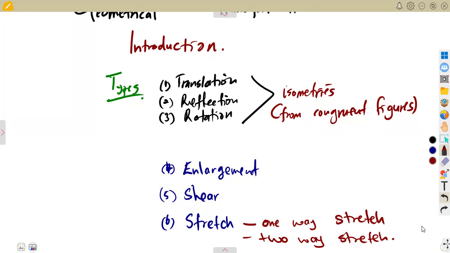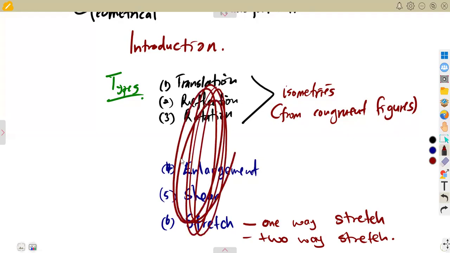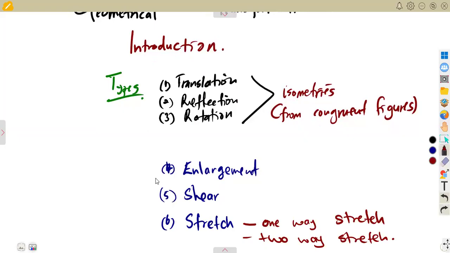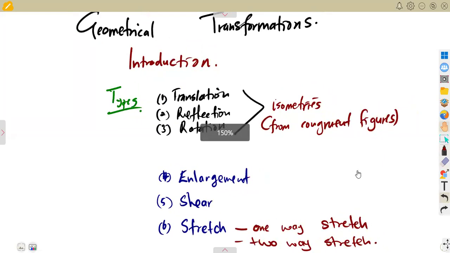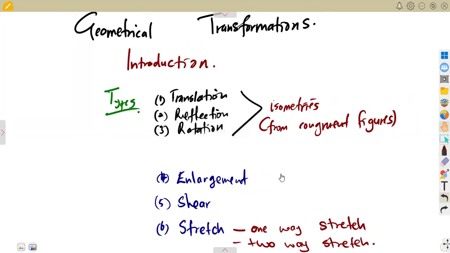So what I'm trying to say is that you will need to know these six transformations, each with its own property.